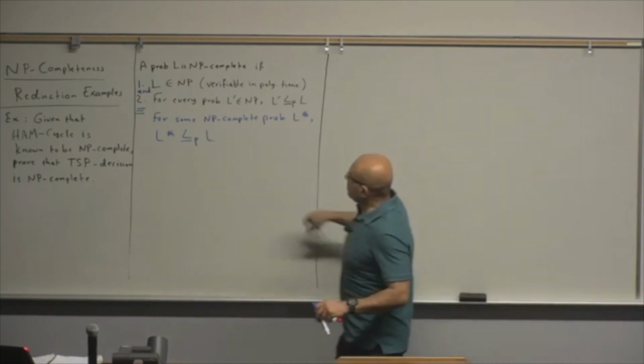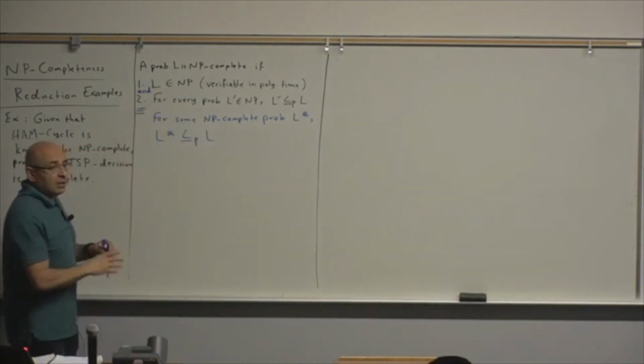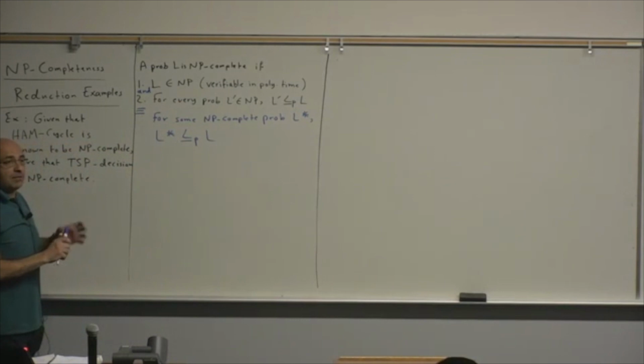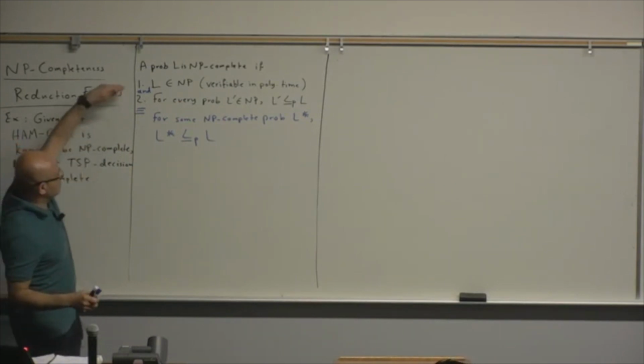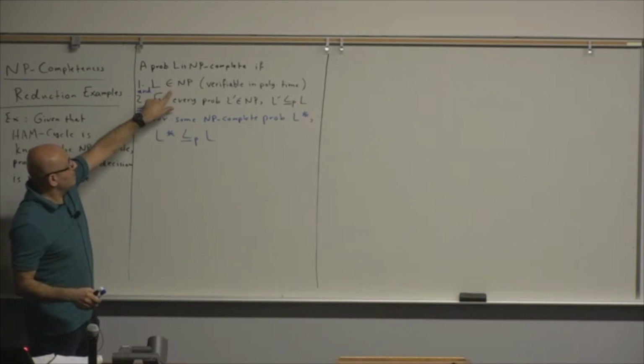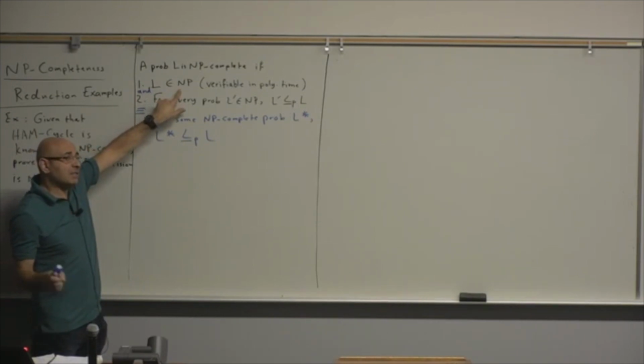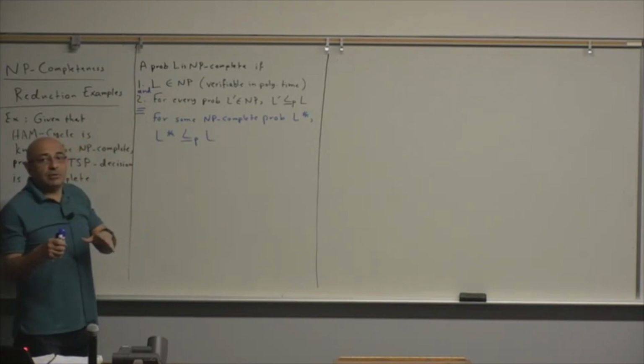Now, this condition is easy, and we have just talked about it. So condition one, in order to prove that a problem is NP-complete, you have to prove that both conditions are correct. So condition number one, which is the polynomial time verifiability of traveling salesman decision, we have just said how to do that.